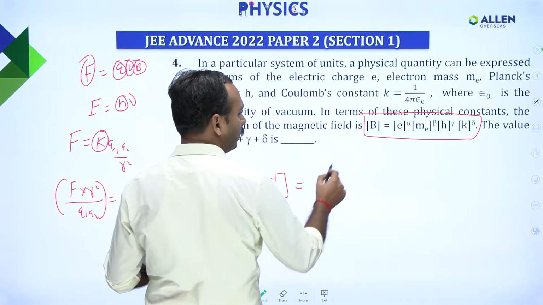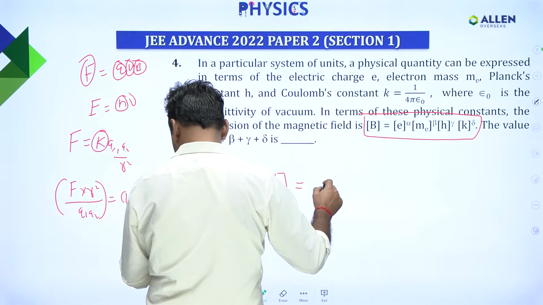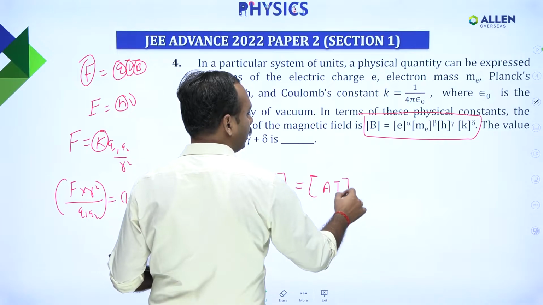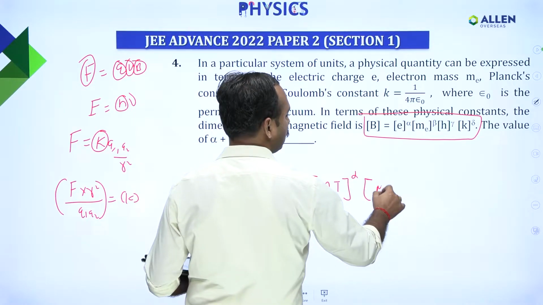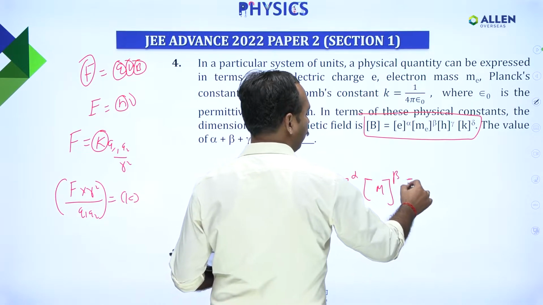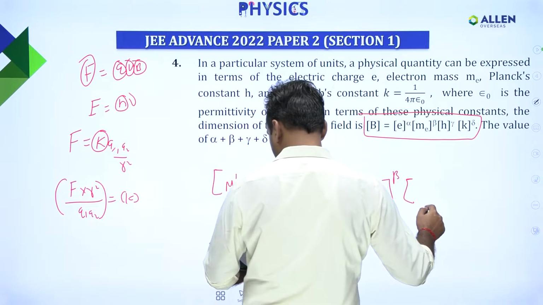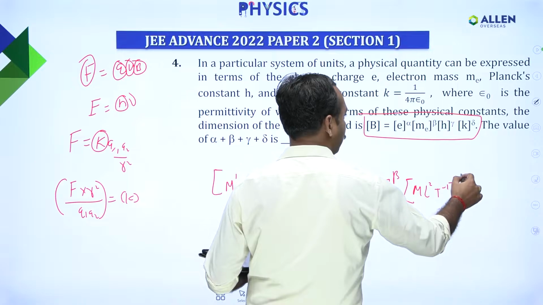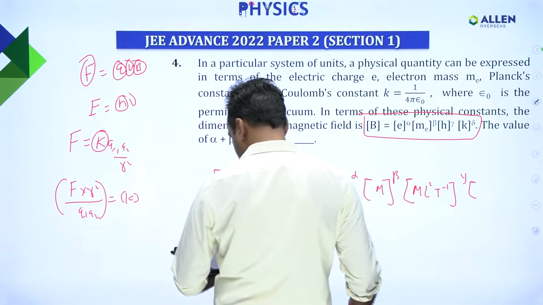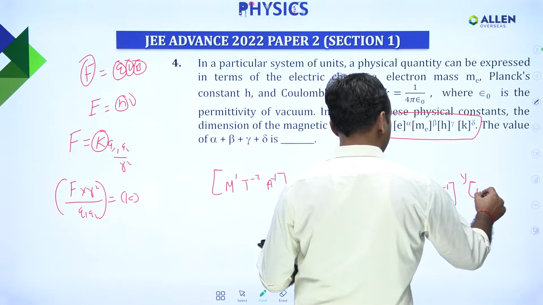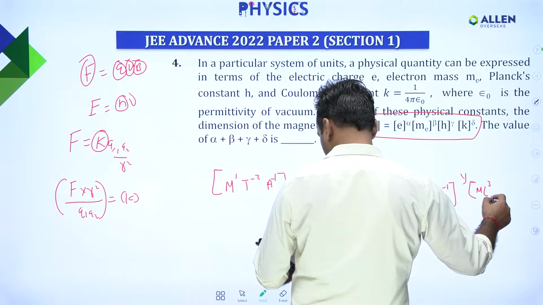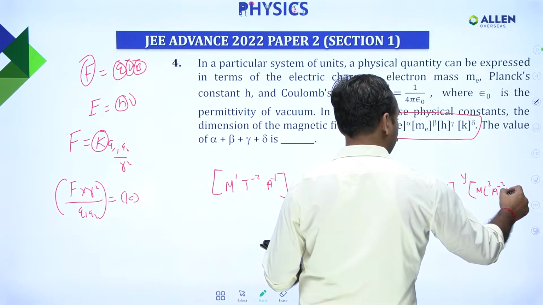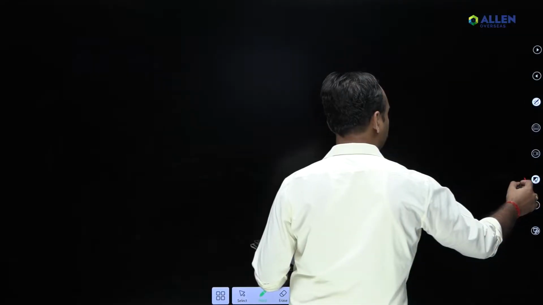This is equal to the charge of electron, A to the power alpha, mass to the power beta, Planck's constant which I have calculated as ML2 T minus 1 to the power gamma, and the electrostatic force constant, which gives me ML cube A to the power minus 2 T to the power minus 4, to the power delta.